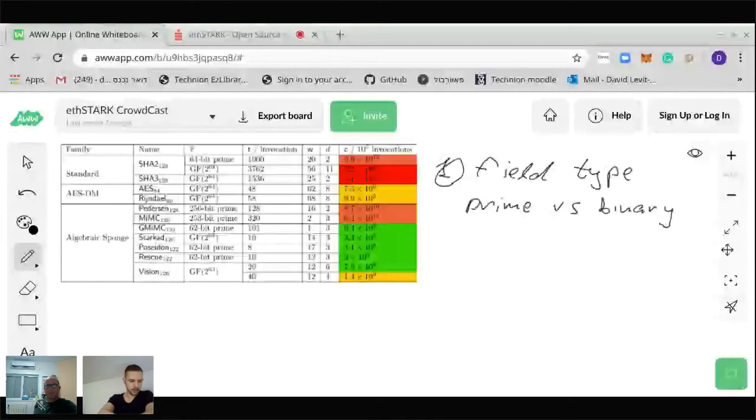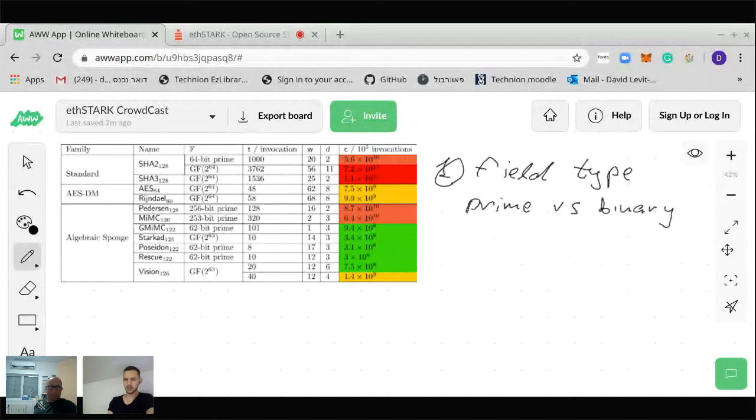So for the arithmetization, we are trying to represent the computation and index the trace using some group. So this group should be a cyclic group because a computation is usually consecutive.